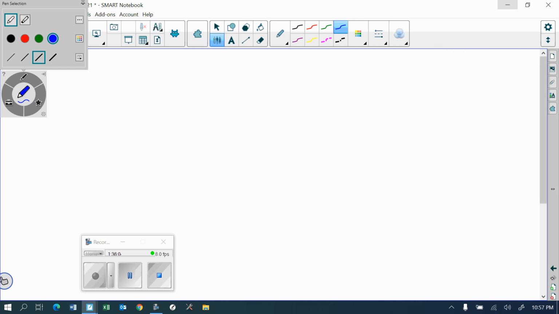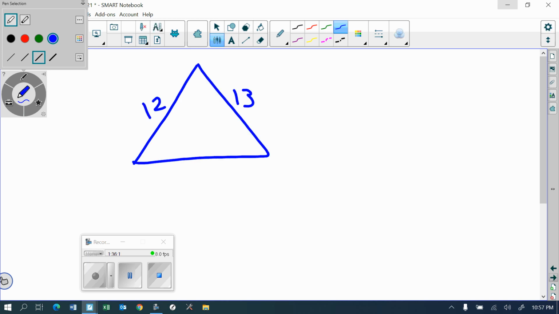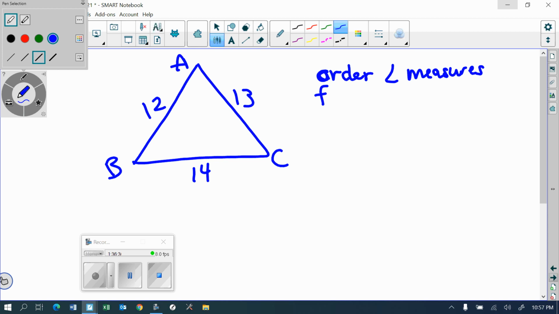Let's talk about, still with triangles, ordering. If I say the sides are 12, 13, and 14, with angles A, B, C, and it says order the angle measures from smallest to greatest.